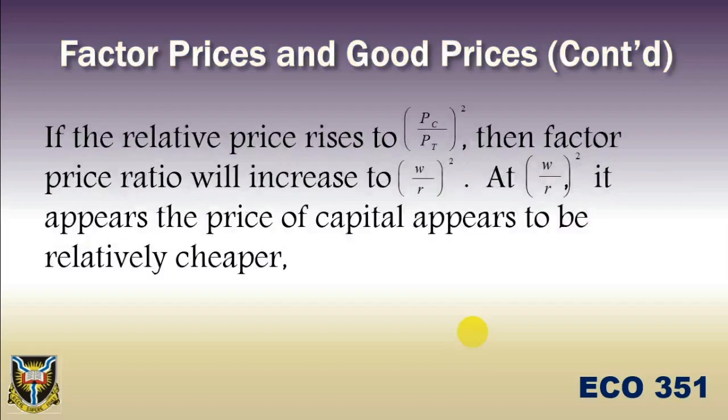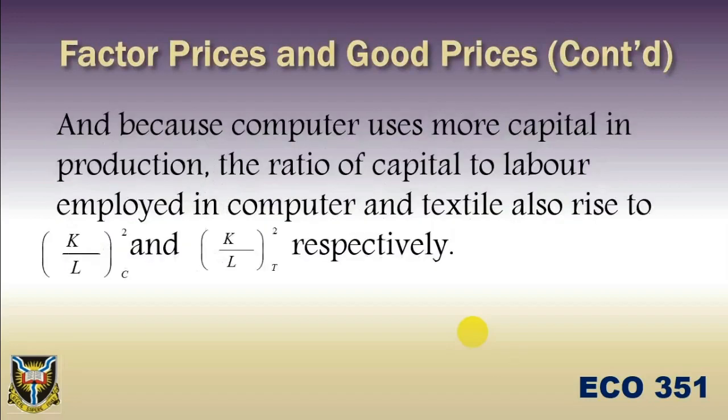If the relative price rises to PC over PR2, then the factor price ratio will increase to W over R2. At W over R2, the price of capital appears to be relatively cheaper, and because computers use more capital in production, the ratio of capital to labor employed in computers and textile also rises, to K over L for computers and K over L for textile respectively.